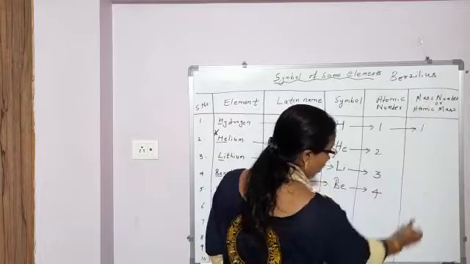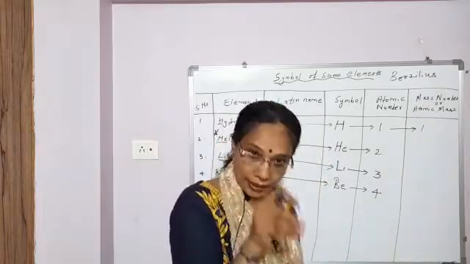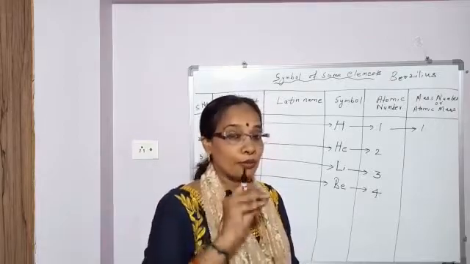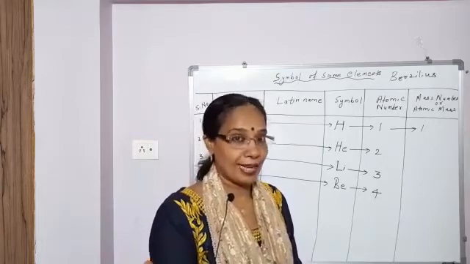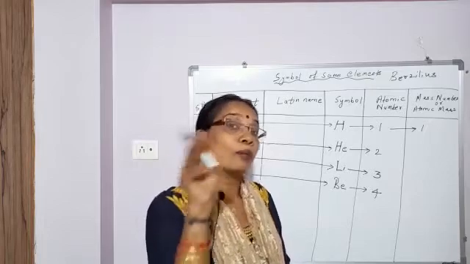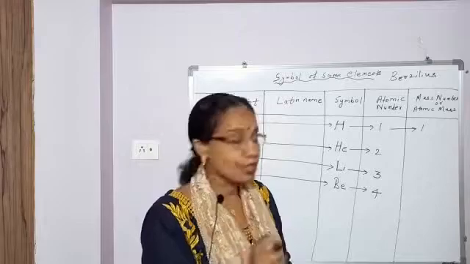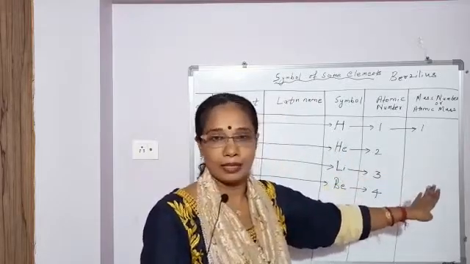I am not writing the atomic mass of all the elements, only of the elements which will be required for you to calculate molecular mass. To calculate molecular mass, students, you need atomic masses, so you should know them. Some of the common elements which are used, only those I will write; otherwise all elements have an atomic number and atomic mass.